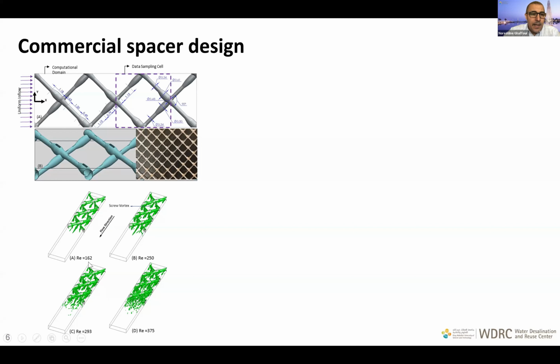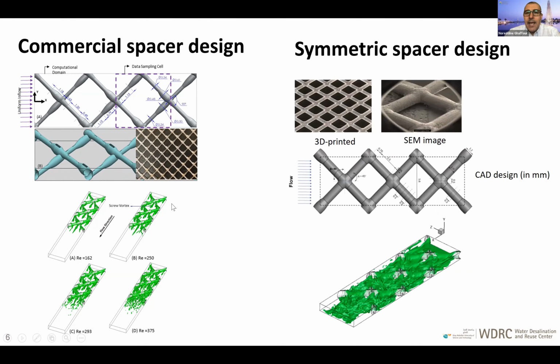And you can see here the hydrodynamics of the feed spacers using DNS. And I compare it with our symmetric spacer, which is here. This is the 3D printed one, SEM image. And you see here, I have a small animation showing the unsteadiness representation of the flow, which is quite more distributed than the commercial spacer.